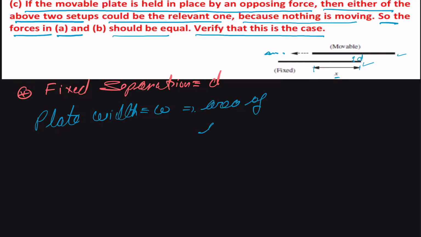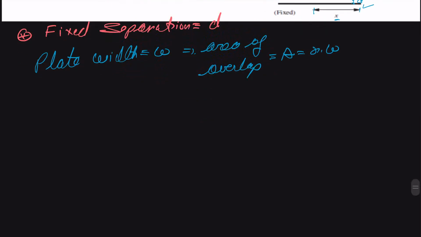Area of overlap, that is A, will be equal to X times W. And from here we can find out the equation of our capacitance. So we can say capacitance C of X will be equal to standard formula epsilon naught A upon D. And we can substitute our A, this is epsilon naught X W upon D. And only the variable associated here is our X.